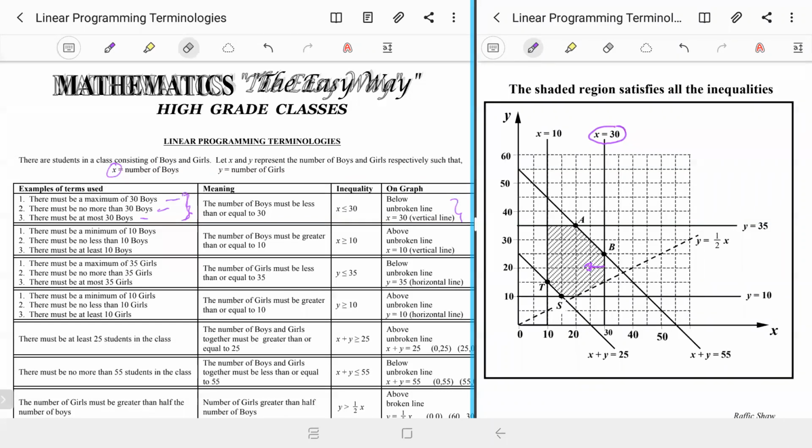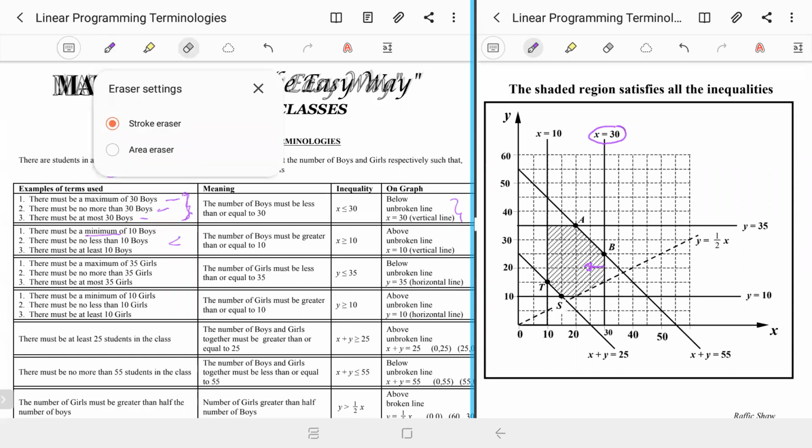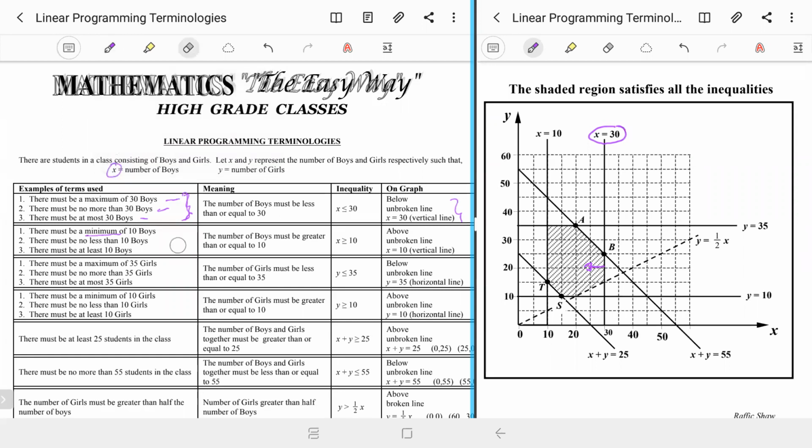All right. So here now, they said there must be a minimum of 10. Now, plenty of people see the word minimum and associate it with the less than sign, which is wrong. If you must have a minimum of 10, it means that 10 is the lowest. It means that you want 10 or more.